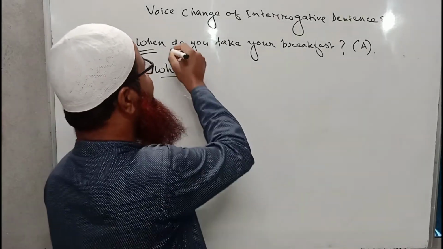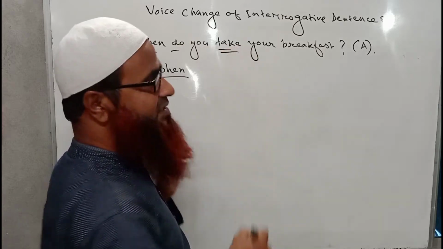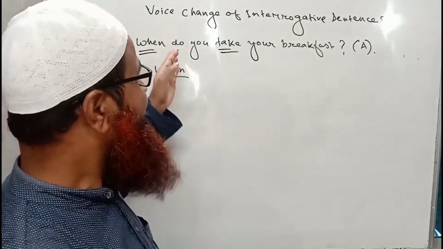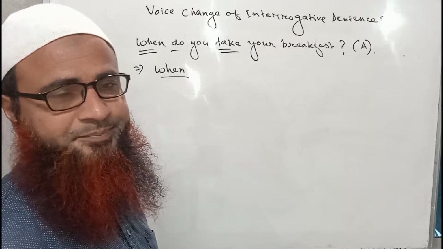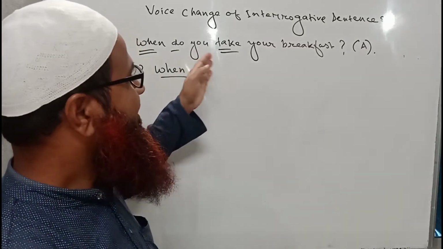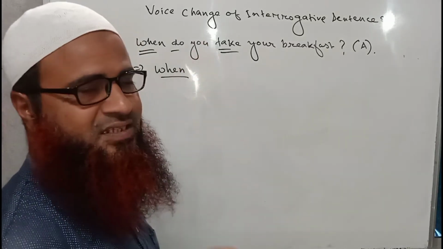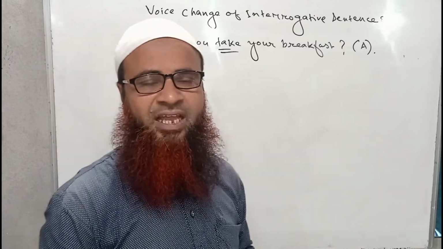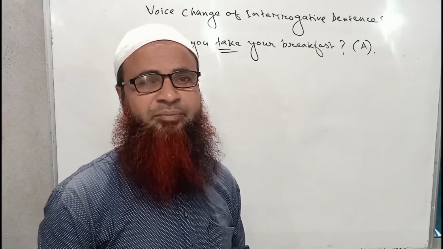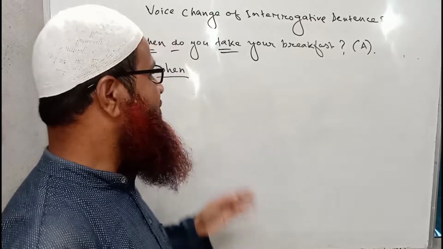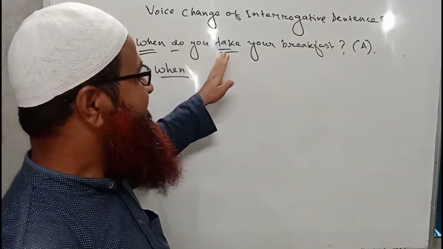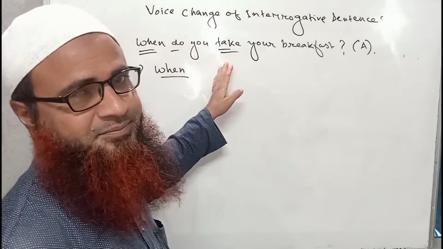Here the tense is present indefinite tense because there is the presence of do. Do means it is the present indefinite tense, because we take the help of do, does only in present indefinite tense. That is why the tense here is present indefinite one.